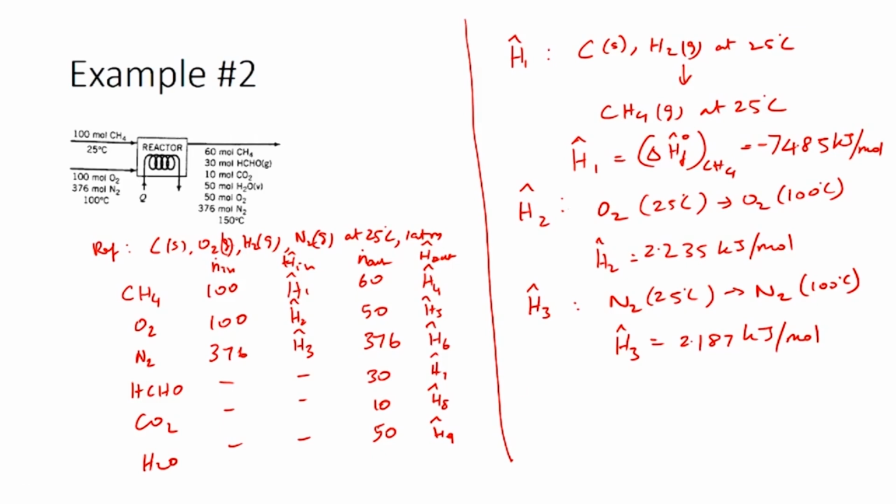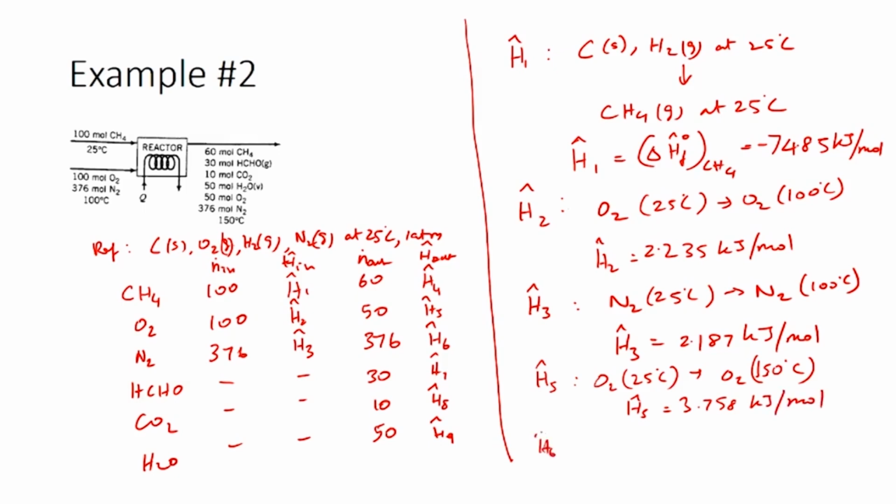Now you have H4 to H9 for the exit streams. Let us first finish H5 cap and H6 cap, because those values can be obtained directly from the tables. H5 cap would be oxygen at 25 degrees Celsius being heated to oxygen at 150 degrees Celsius. This H5 cap would be equal to 3.758 kilojoules per mole.